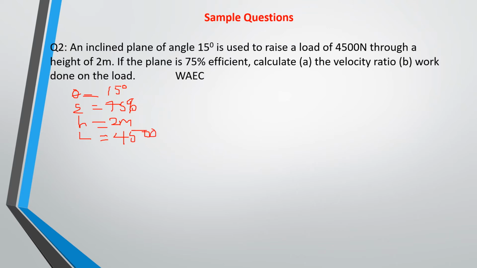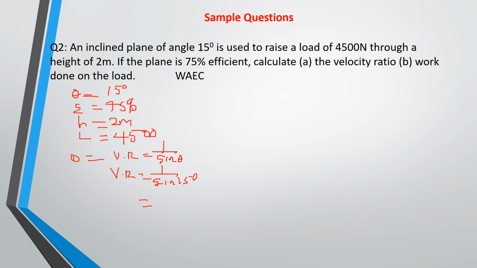Now they say you should find the velocity ratio of the inclined plane. One, the velocity ratio of an inclined plane is given to be what? Velocity ratio is equal to 1 over sine theta. Is that not? Yes. So velocity ratio is equal to 1 over sine 15 degrees. Okay, so just work that out.